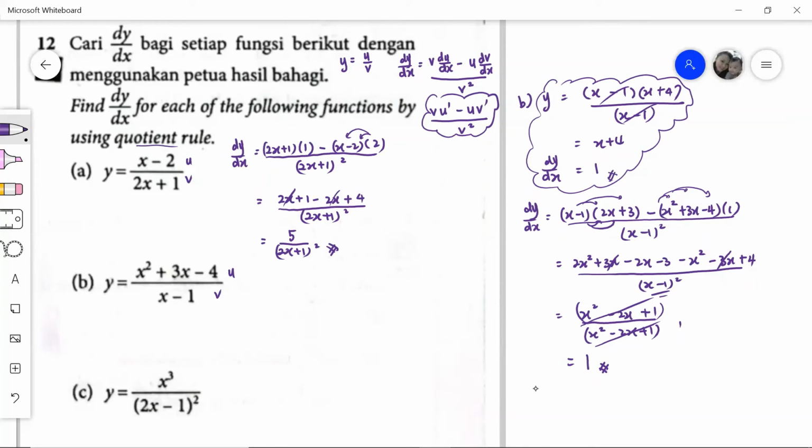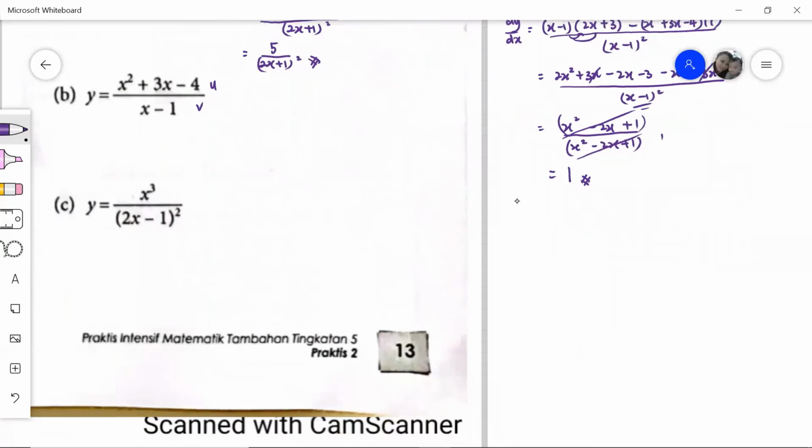All right, now next. This is u and this is v. Therefore, dy/dx: stay v, (2x minus 1) squared, do u, we have 3x squared, minus stay u, and do v.